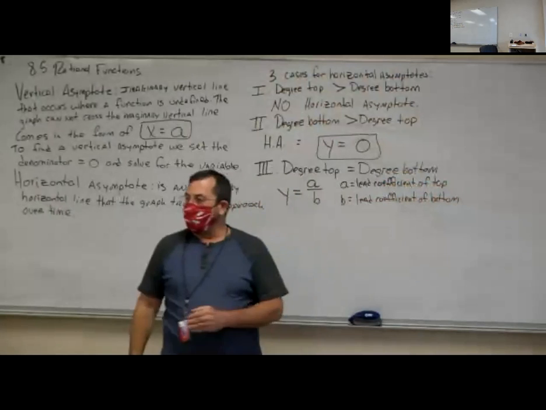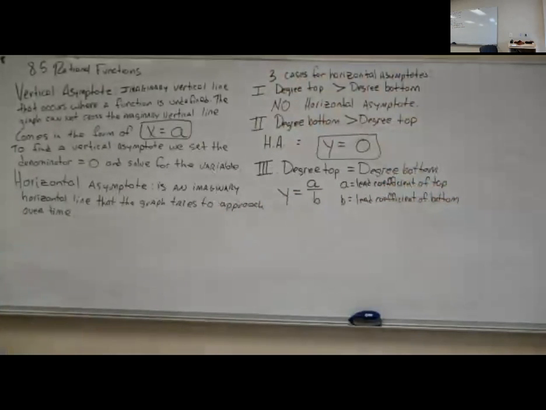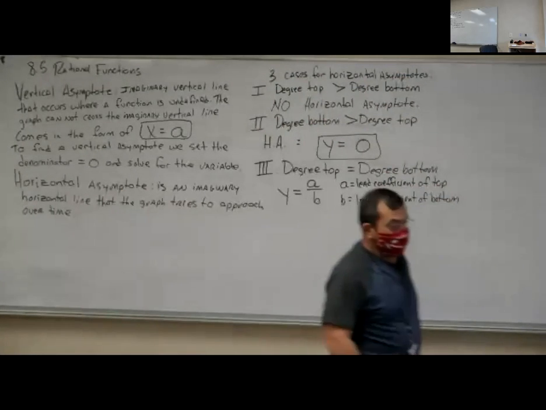So remember, lead coefficients are the numbers in front of the variables that have the highest exponents, okay? Remember, if there's no numbers in front of them variables, you can treat it like a 1 sitting in front of them, okay?